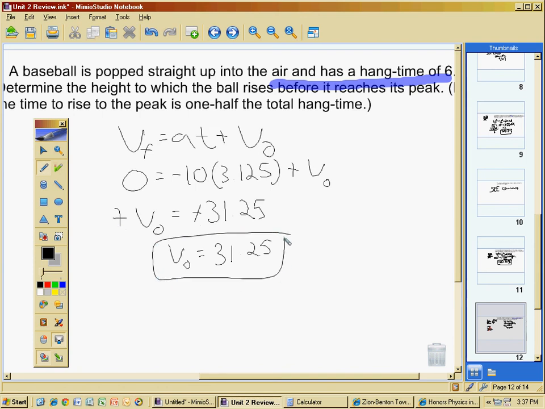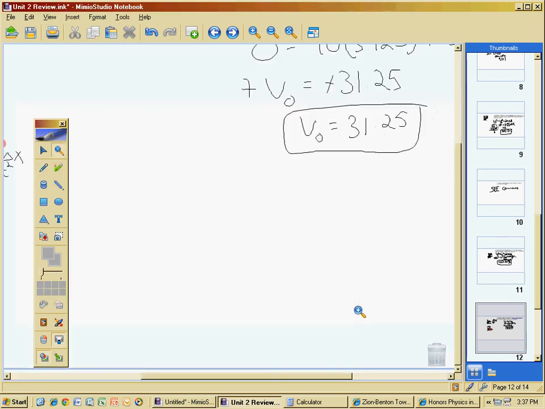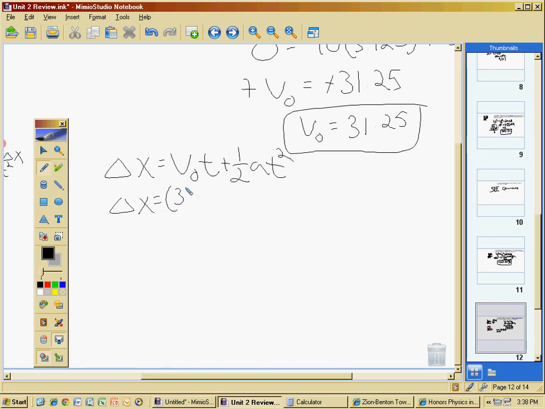Now that we know V naught is 31.25, we can go ahead and using that information, say, all right, so if we want to know our displacement, it is going to be 31.25 times 3.125 plus 1/2 times -10 times 3.125 squared.